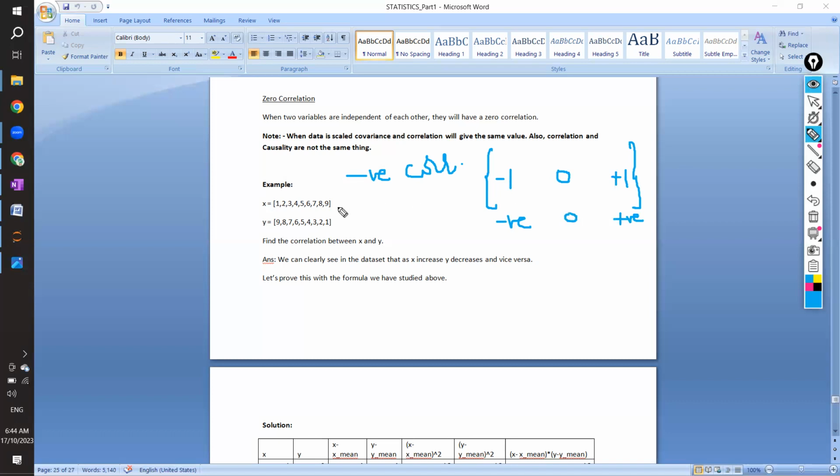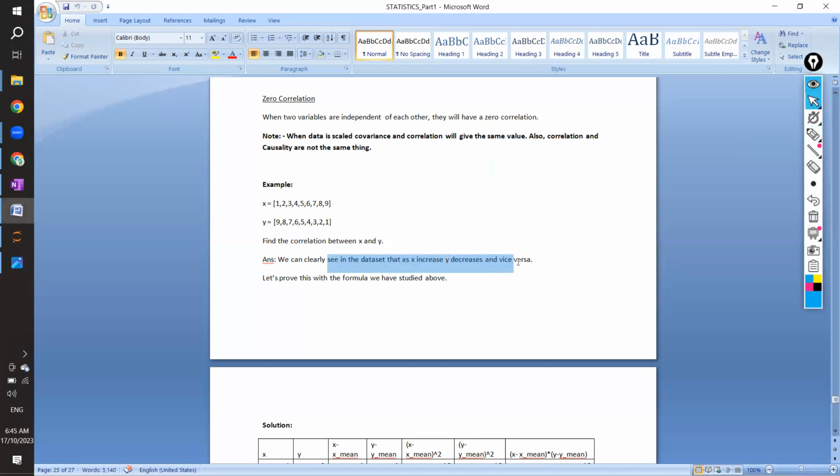Here you can see I'm deliberately taking exactly opposite numbers so that these are negatively correlated. If these are negatively correlated, what should be the value? -1. Okay, let's see that. Now we can clearly say that as the data set x increases, y decreases, and vice versa.